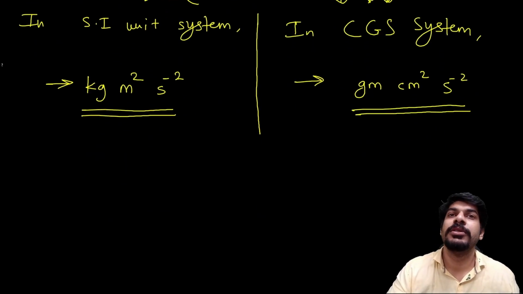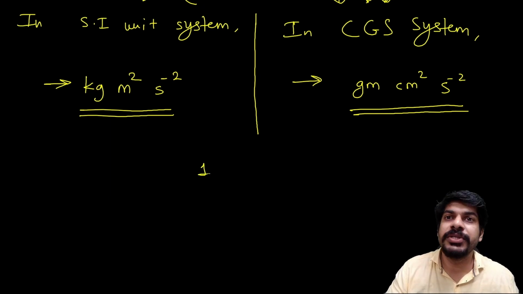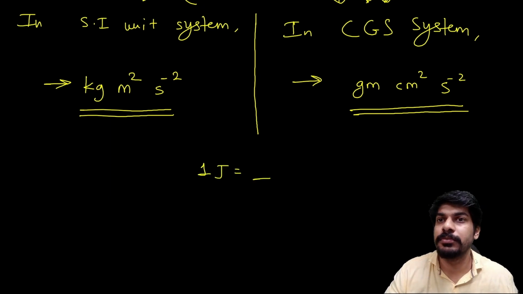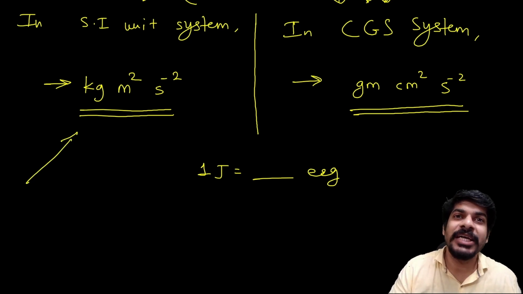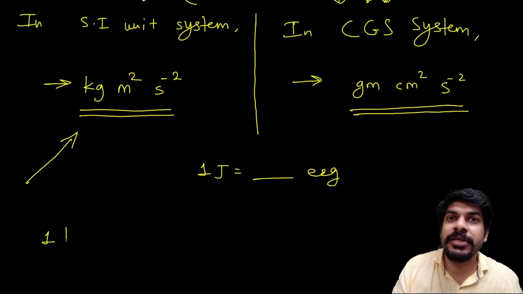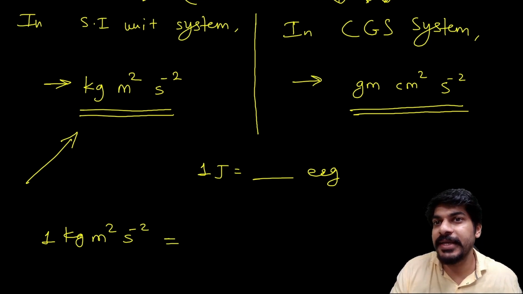Now the question is, what is 1 joule equal to in terms of erg? Now what is 1 joule? This SI unit, 1 kg meter squared per second squared, is called 1 joule.